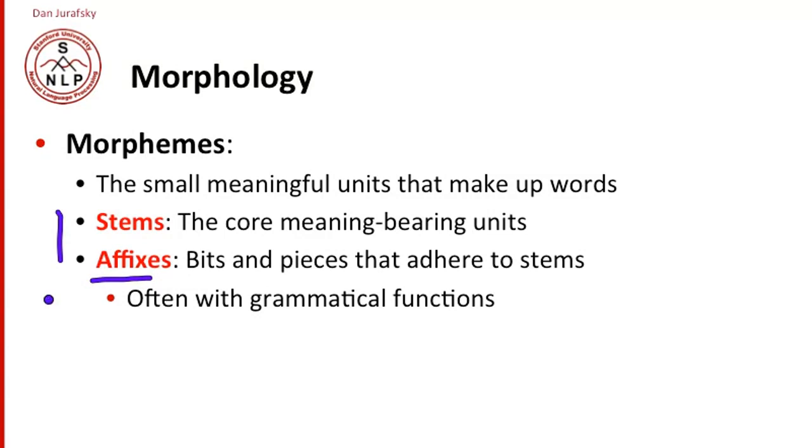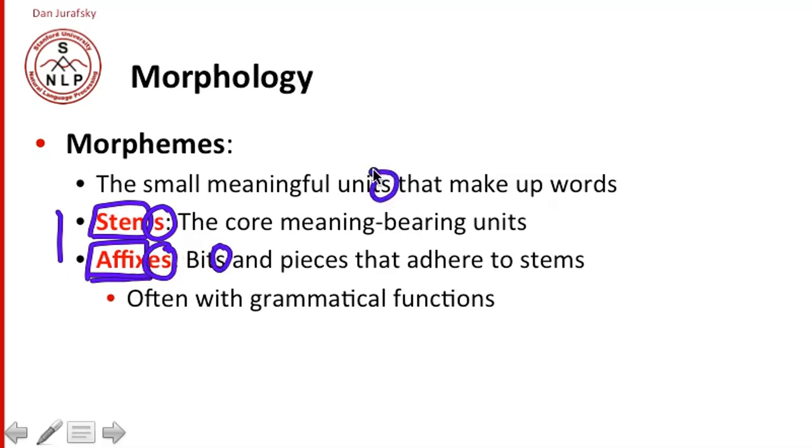Often they have grammatical functions. So on this particular slide, in fact, stem is a stem and S is an affix. The word affixes, just to confuse us, is a stem, and there ES is the affix. So there's an affix, there's an S, and there's an S, and meaningful, there's another affix, and so on.